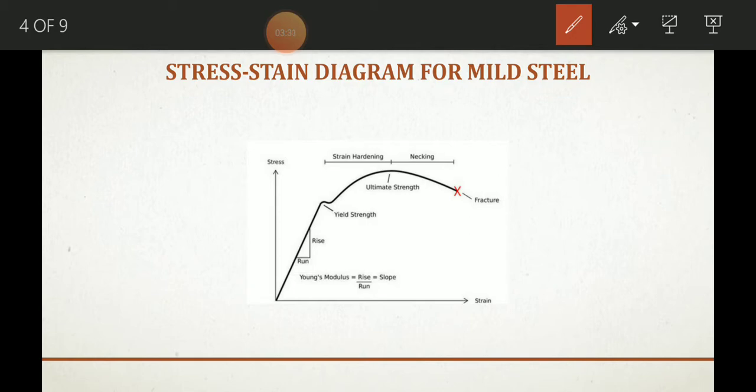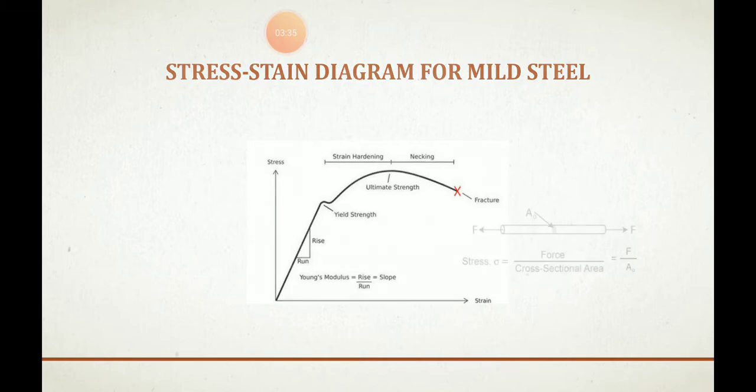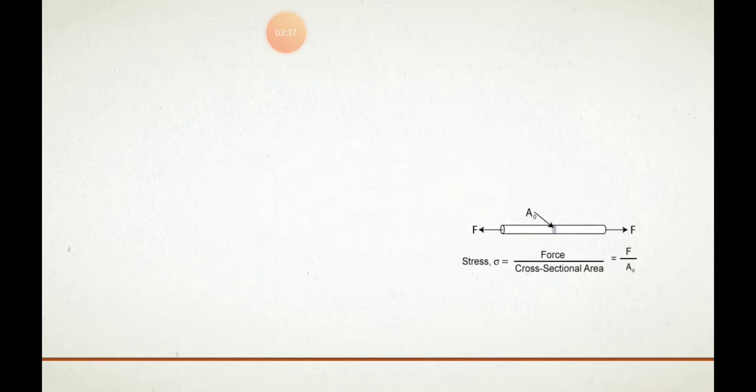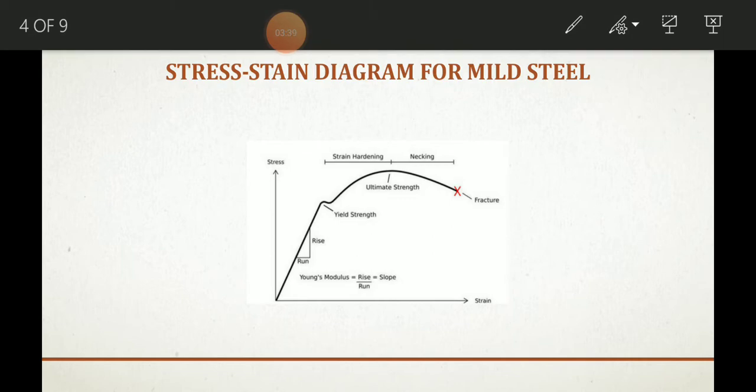Next come the yield points, that is the upper yield point and the lower yield point. In the yield region the material undergoes plastic deformation, and there is the formation of a neck in the material due to the plastic deformation.